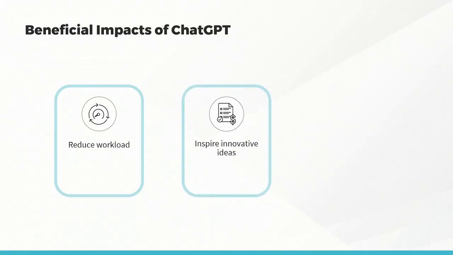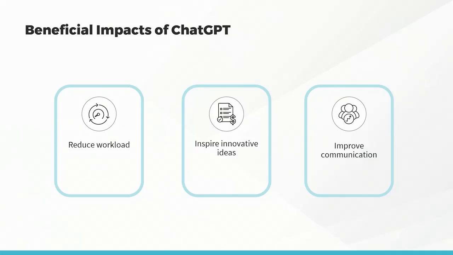These technologies can help inspire innovative ideas, assist with designing new products and services, or push the boundaries of artistic expression. Tools like ChatGPT hold the promise of improving human-AI communication and interpersonal human collaboration alike, bringing people from disparate cultures and languages together.